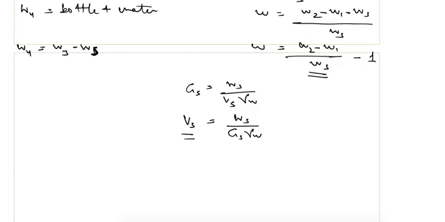So if I multiply the volume by the unit weight of water, it will give me the weight of water in the given volume of solids. So I can write it as Ws upon Gs gamma W, multiplied by the unit weight of water.